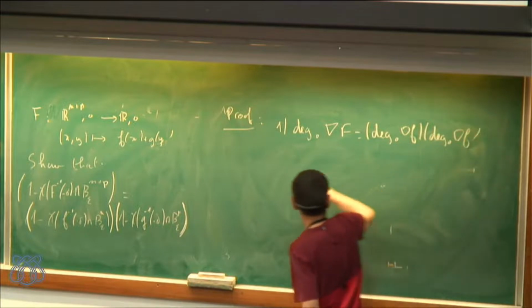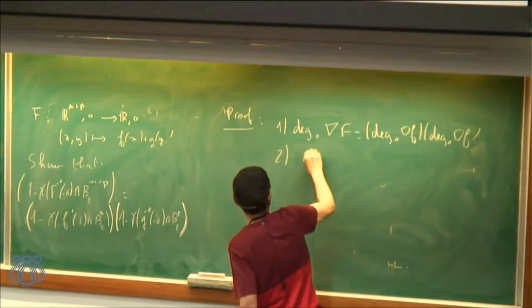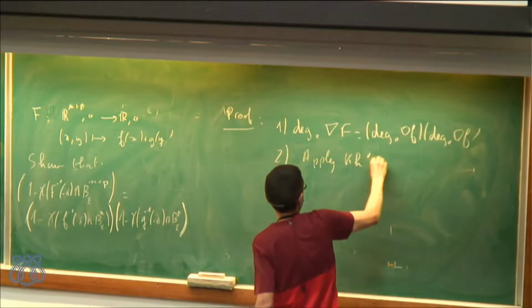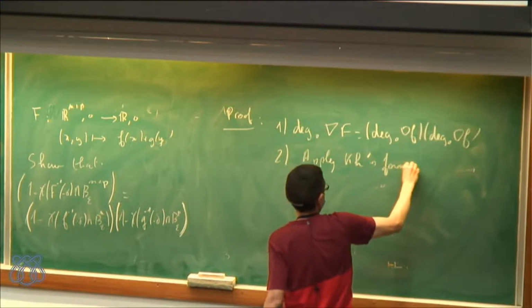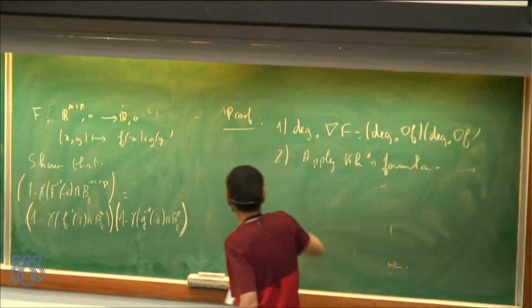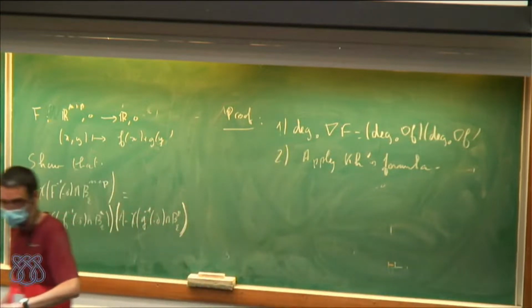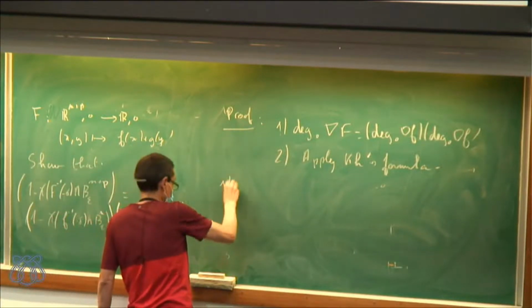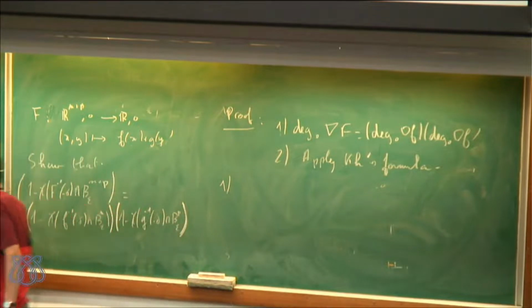First step, and then apply Kim-Chashvili. So we will prove one, and then stop. So the gradient is just the sum of the two gradients.